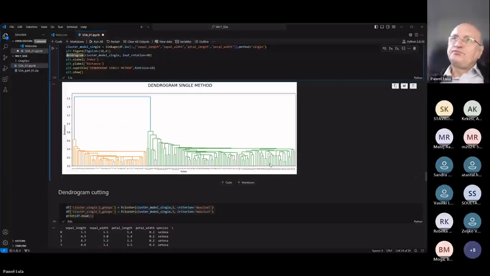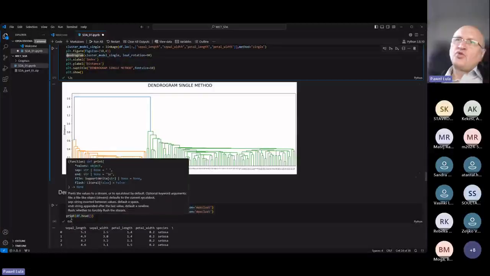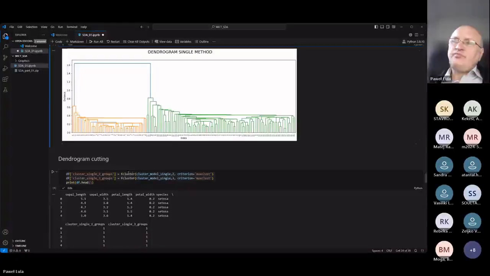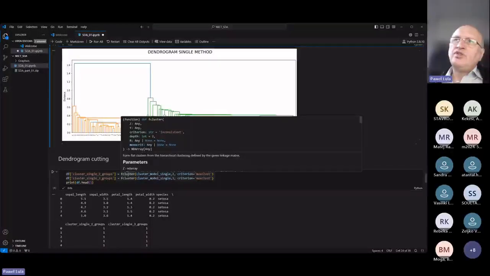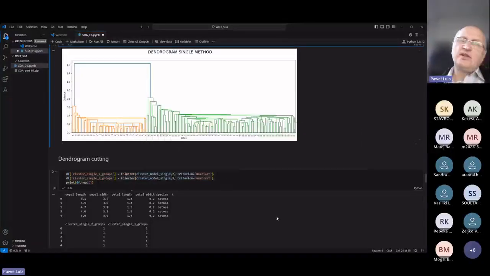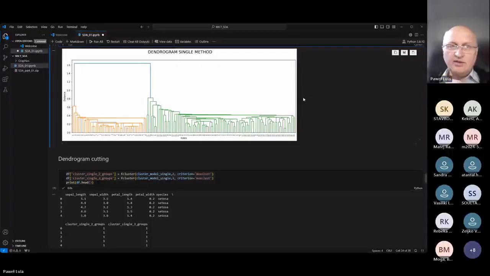So now I want to cut this dendrogram into parts. And it is possible by using this function, fcluster. The fcluster function is used for cutting this dendrogram using a horizontal line.